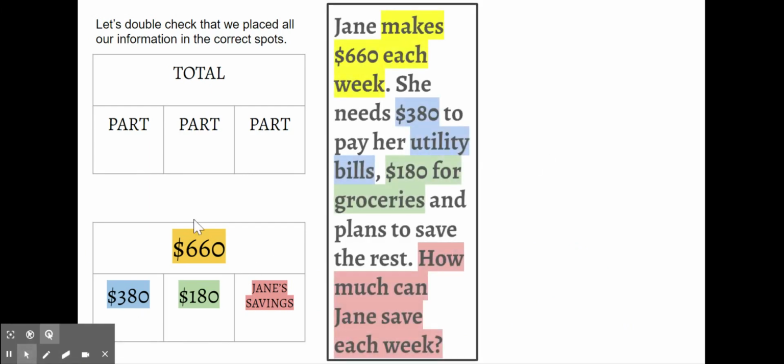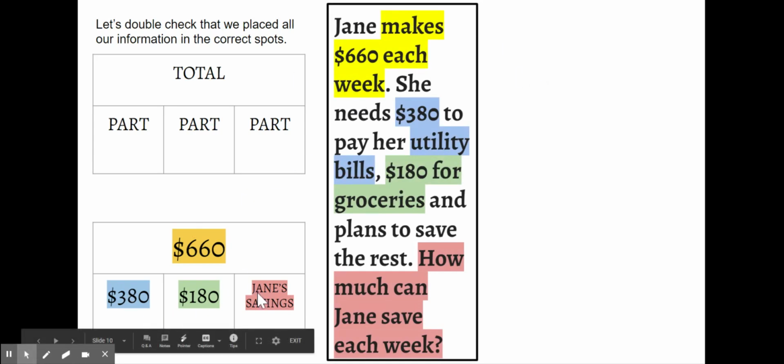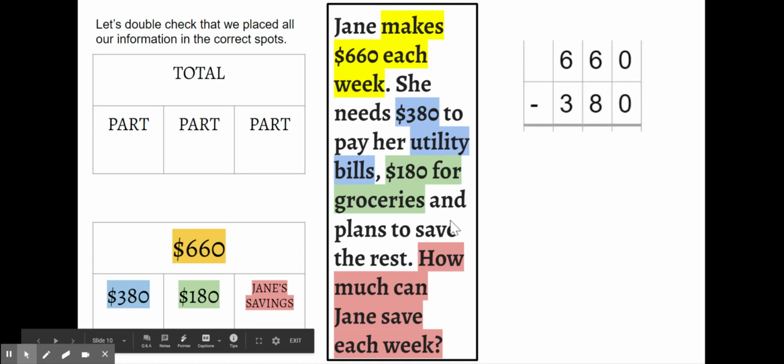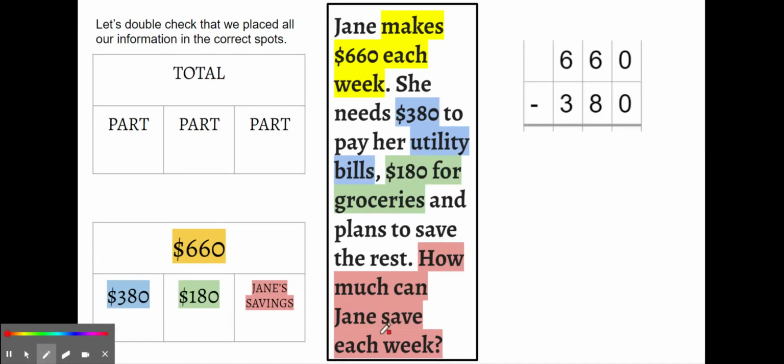Okay, so we got all of our information, we put it in our model. Now we're going to do the same thing, except we're going to solve using the numbers that she used instead of our estimated numbers.